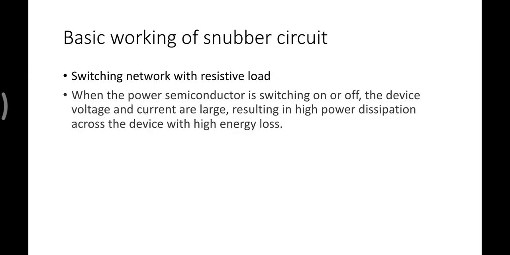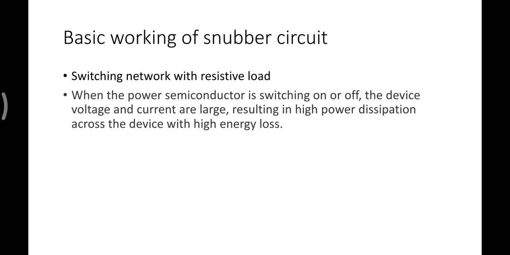Next, what is the working of the snubber circuit? Let's see the basic working of the snubber circuit. First of all, let us consider that a resistive load is present. Now we are going to discuss the snubber circuit operation for resistive loads.